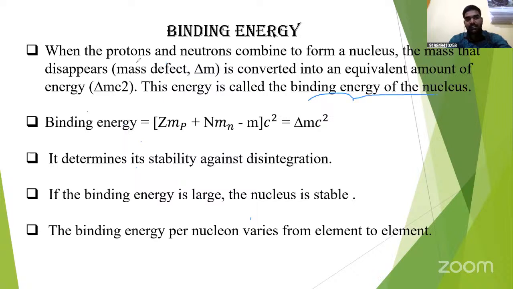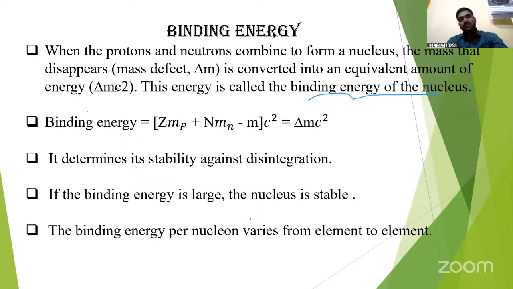The difference between the mass of the nucleons and the nucleus mass is called the mass defect, which disappears and is converted into energy.